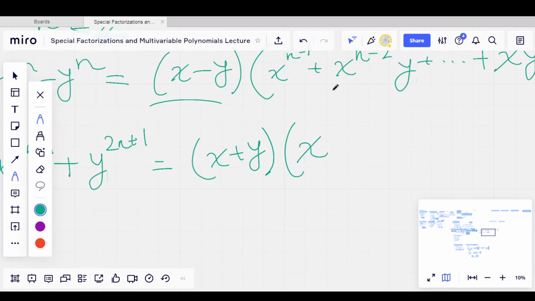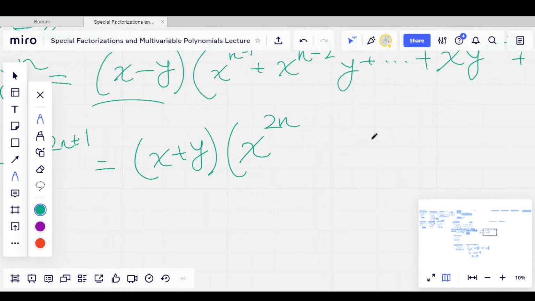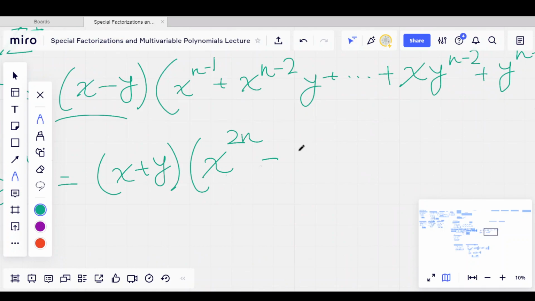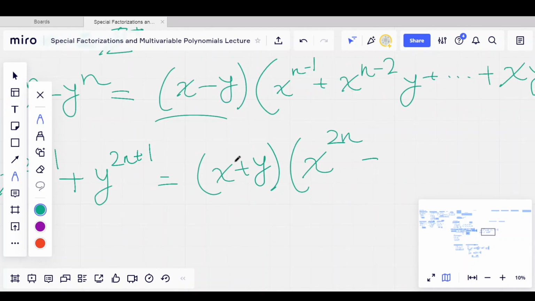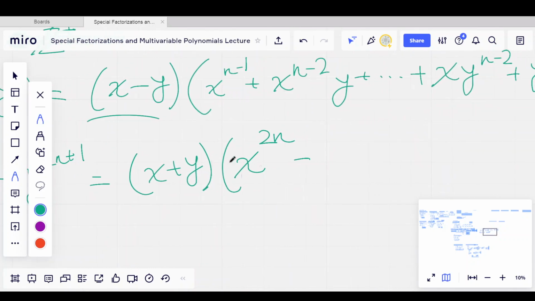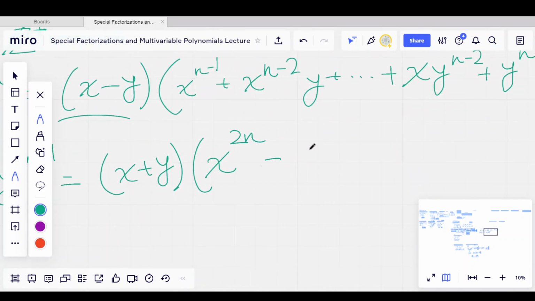So x to the 2n minus or plus, I think it's minus. So I'm just looking at the example. Okay, so I think I got it.